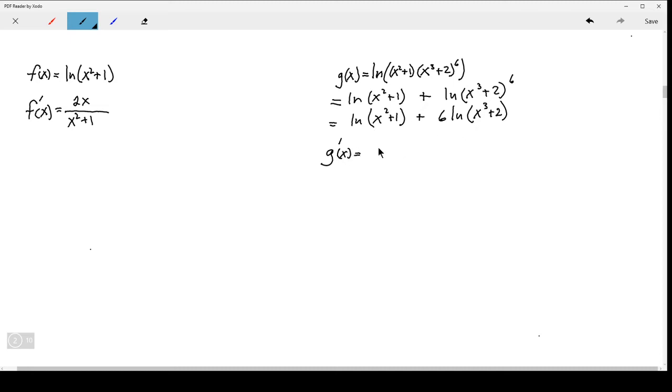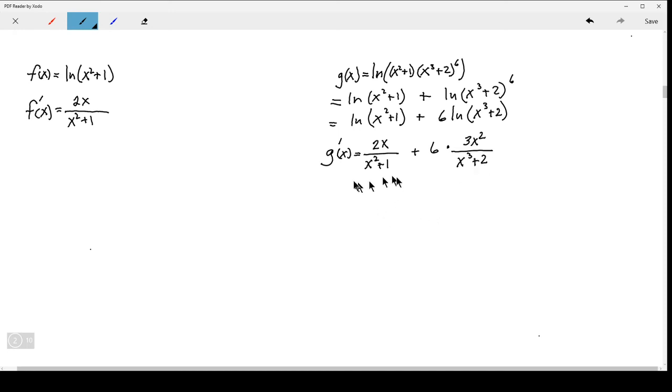All right, so now when I go to take g prime, I'm going to work from this version here, this last row that I simplified all the algebra on. And I'm going to use my basic log rule, derivative of the inside over the inside. So ln of x squared plus 1 becomes the derivative of x squared plus 1, 2x, over x squared plus 1, plus 6 times, same thing here, derivative of the inside over the inside. So the derivative of x to the third plus 2 is 3x squared over the inside, x to the third plus 2.